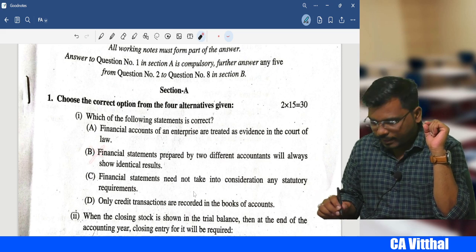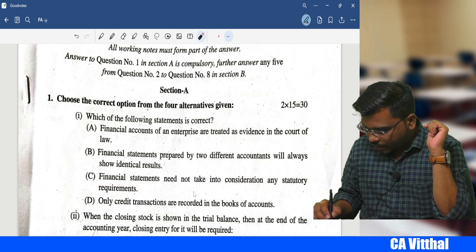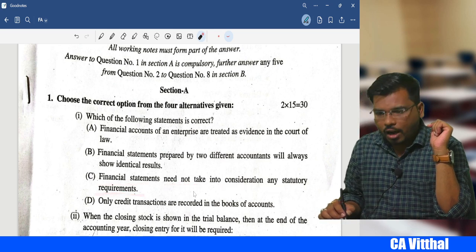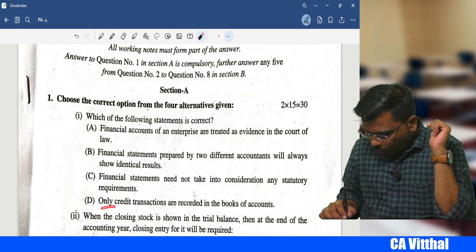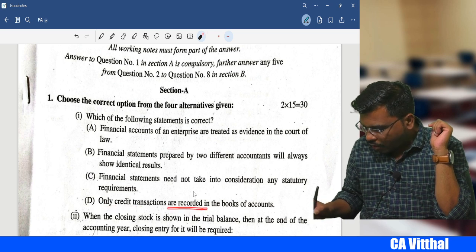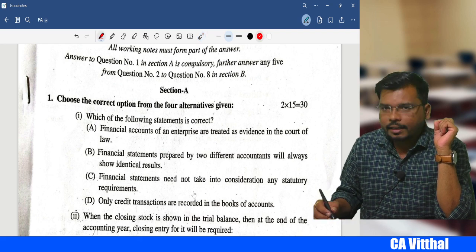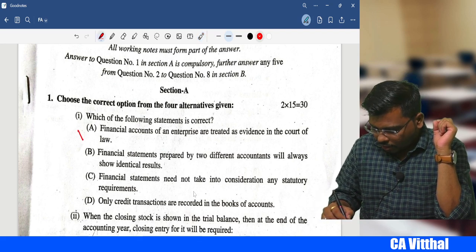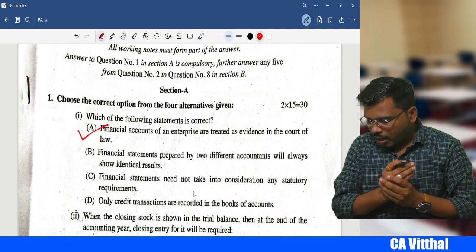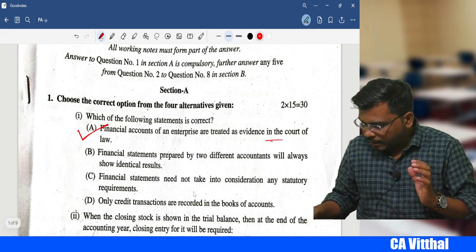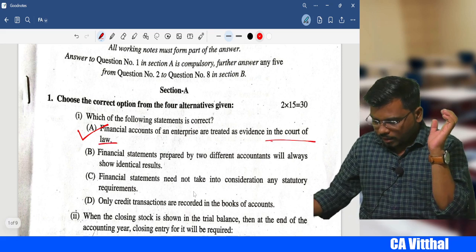This is not correct. Financial statements need not take into consideration any statutory requirement. This is also wrong. Only credit transactions are recorded in the books of account. This is also wrong. So which one is the correct statement, my dear students? That is A, that financial accounts of the enterprise are treated as evidence in the court of law, right? Come to the next one.